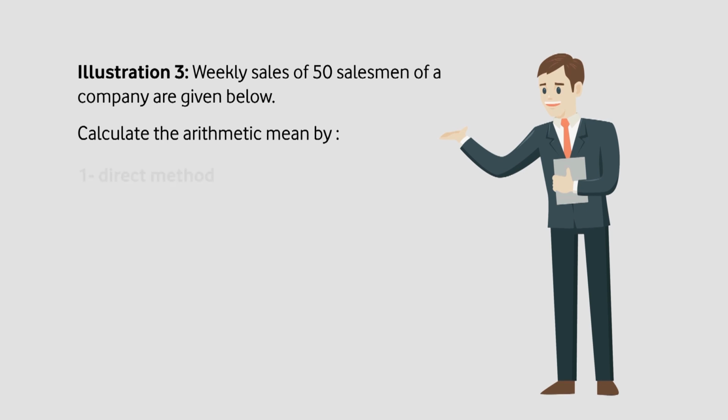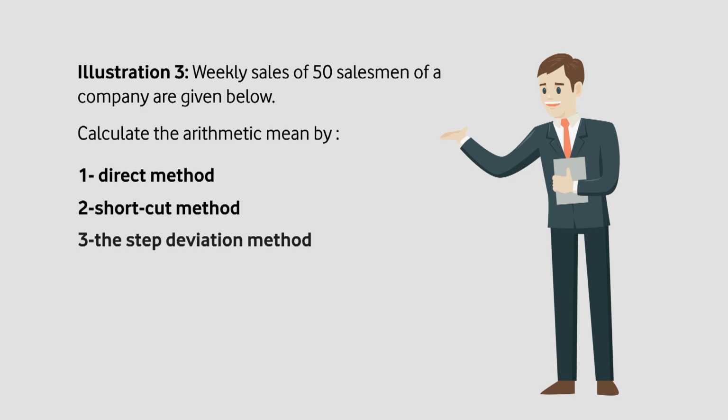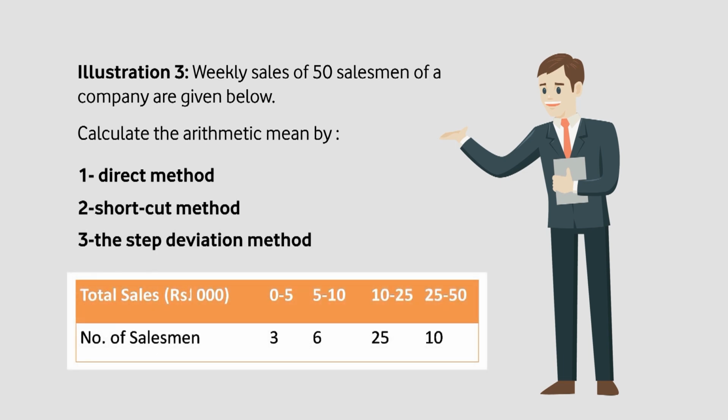Calculate the arithmetic mean by direct method, shortcut method, and step deviation method. The calculation is the same, only the way of calculation is different, just to shorten the numbers so that your computation becomes easier. We will see how with these three methods we can compute arithmetic mean in a continuous series data set.